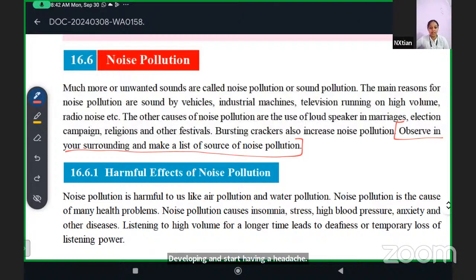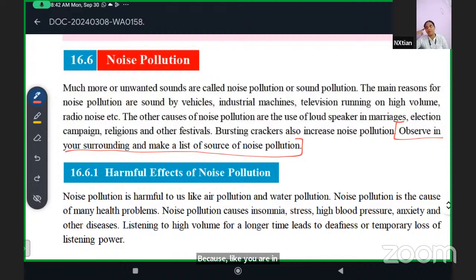And then noise pollution is a source of headaches. It can be a source of headache, yes. For some people, it can be a source of headache, okay? Because you are continuously hearing that sound.